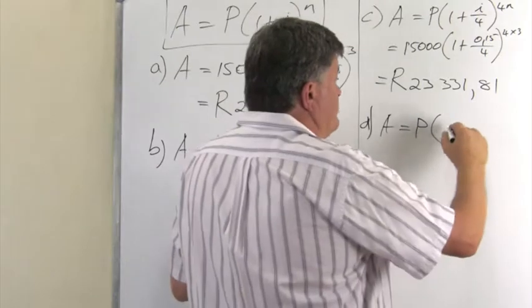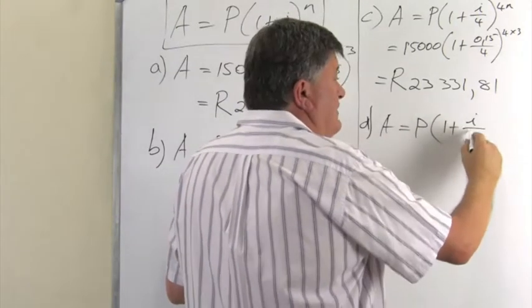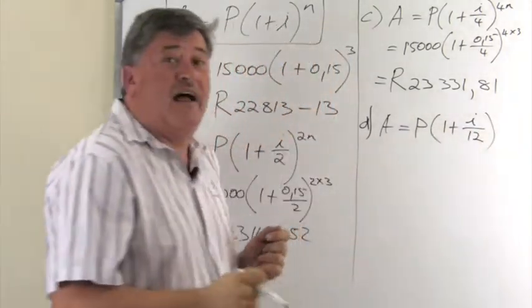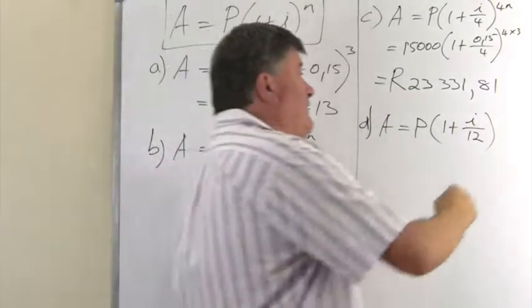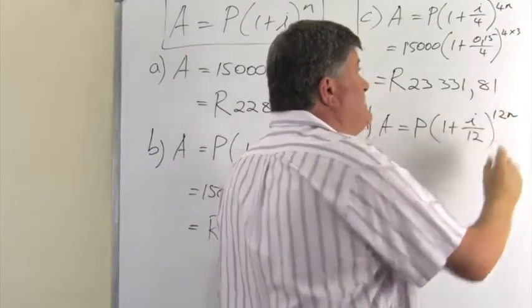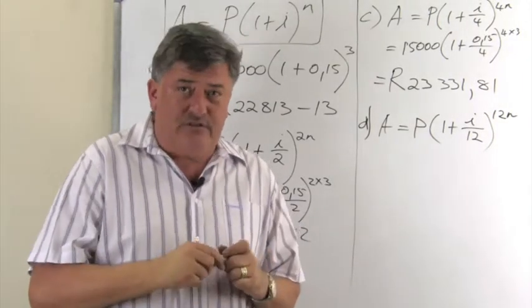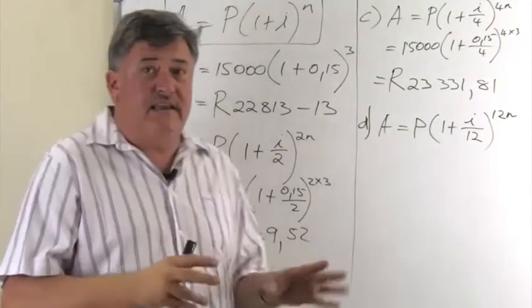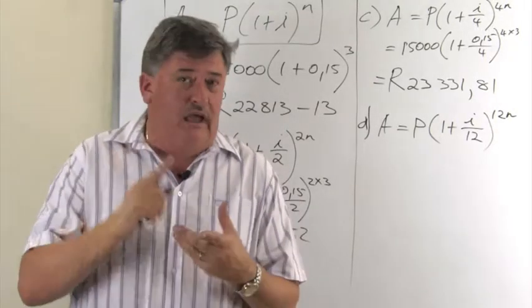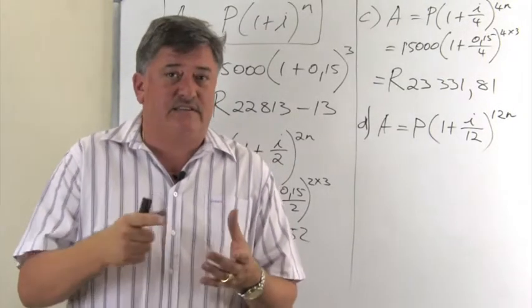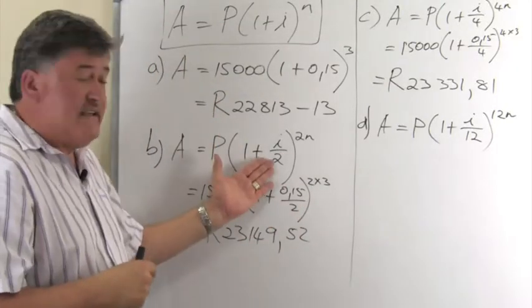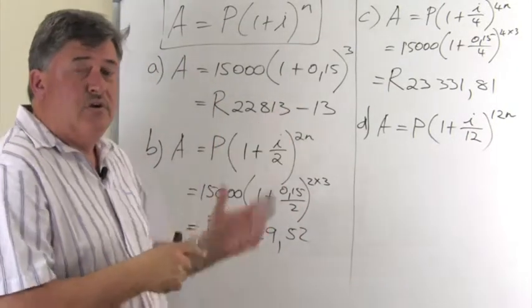So we will say A is equal to P, 1 plus, and what do you expect I'm going to do here? I'm going to divide it by 12. And then I'm going to say 12 times n. Divide by 12, 12n. So please remember, 4 ways they can ask these questions. Annually, the easiest one. Semi-annually, twice a year. Divide by 2, times by 2.